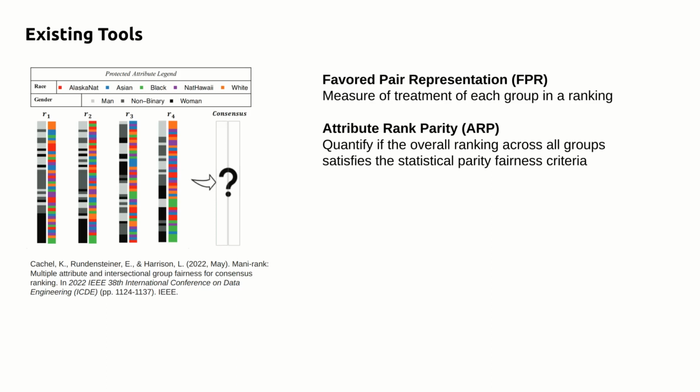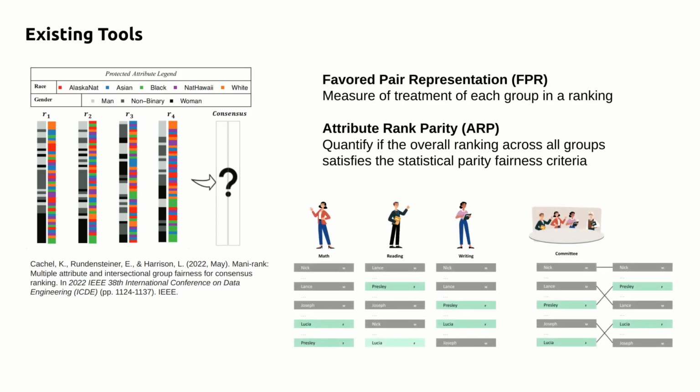Favored pair representation, or FPR score, is the measure of treatment of each group in the ranking, and the attribute rank parity, or the ARP score, is used to quantify if the overall ranking across all groups satisfies the statistical parity fairness criteria. In the example earlier, the FPR score gives the advantage a male or a female group has in the ranking, and the ARP score gives the overall fairness measure of the ranking considering both male and female groups.